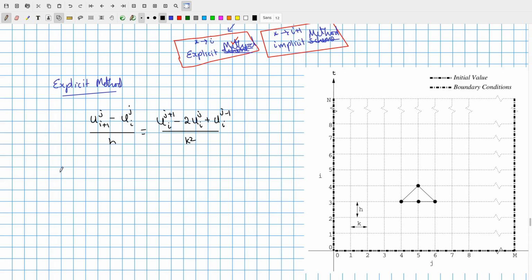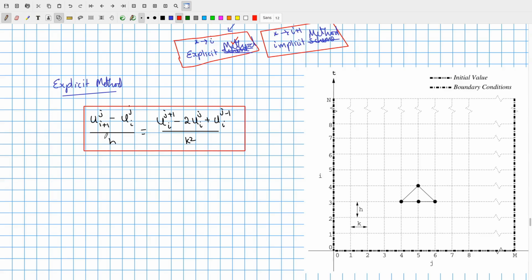As I said, for implicit it will be I plus 1, but for explicit star is made I. So this is how the initial value problem is written in the explicit method.